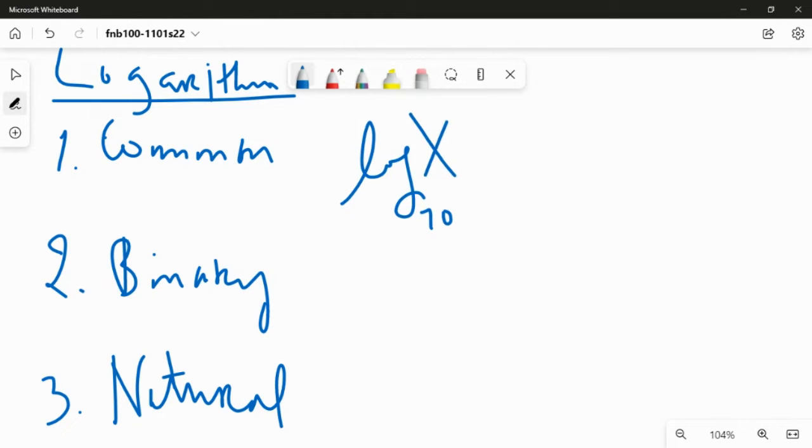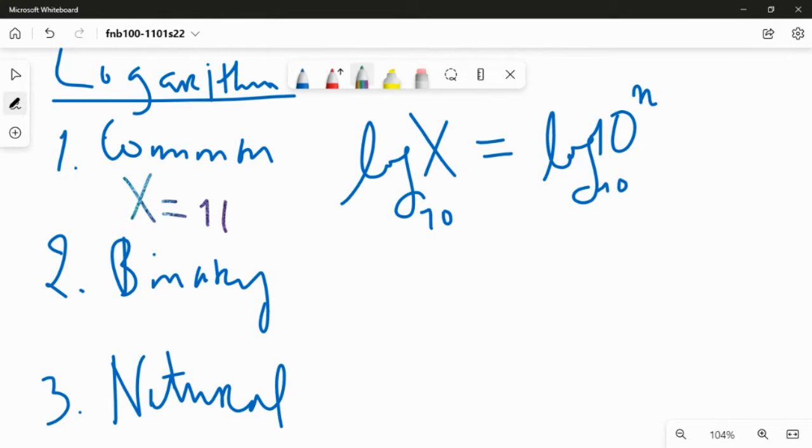when you take log of x to base 10, and if x happens to be some power of 10, right? That means x is a number that is some nth power of 10.